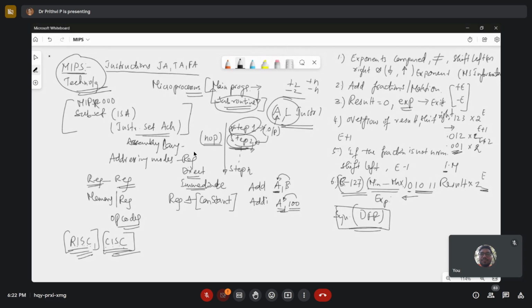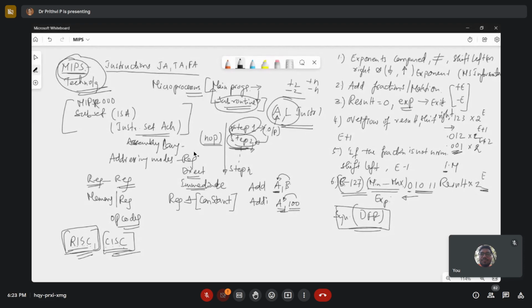This technology has taken MIPS as an element of this RISC philosophy, where MIPS is a microprocessor without interlock processing system. The full form of MIPS is microprocessor without interlock processing system.